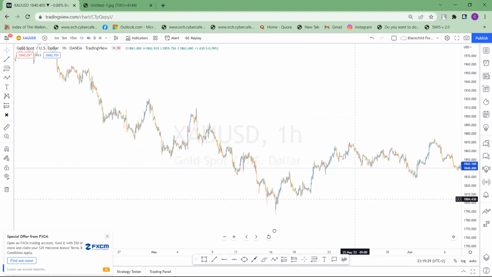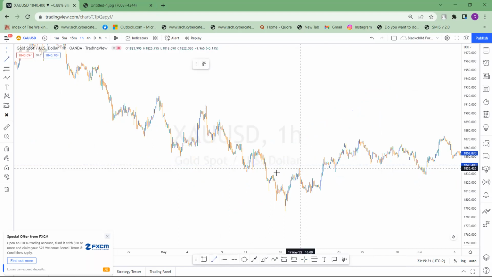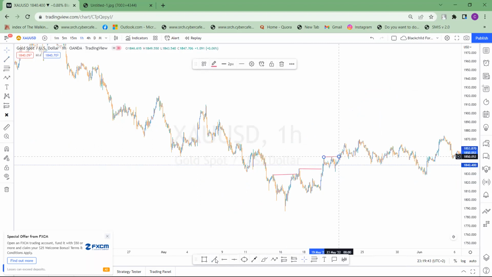I'll just give you a small example. You would see price has actually broken the structure, which is telling us that we are still pushing in the same direction. We're just buying, right? Price is actually breaking structures, creating new highs, which is telling us that we are still going in the same direction.